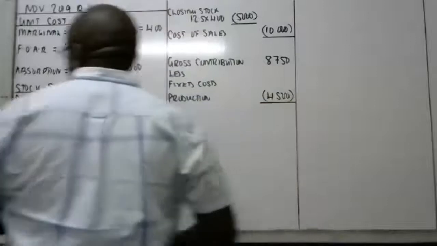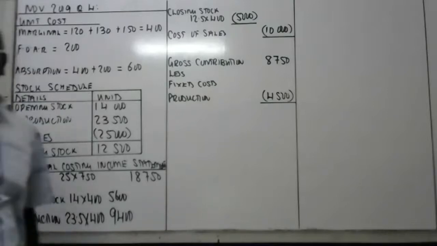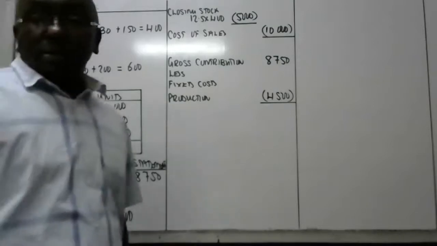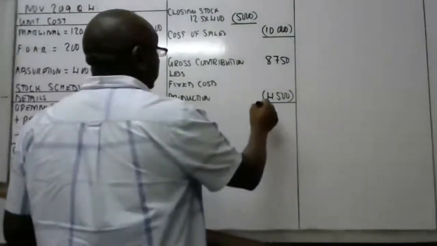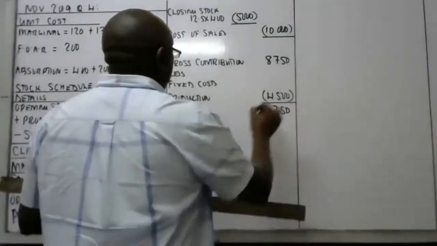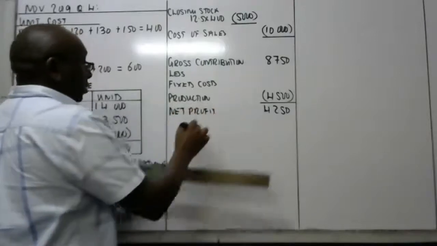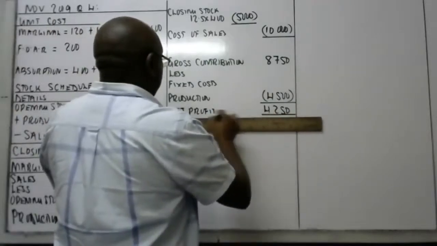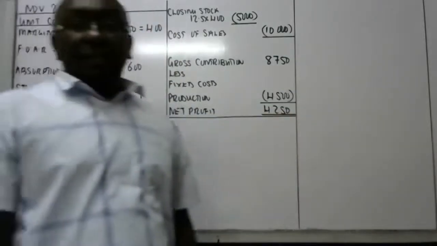So when you less that, what do you get? 4,250. That is net profit.